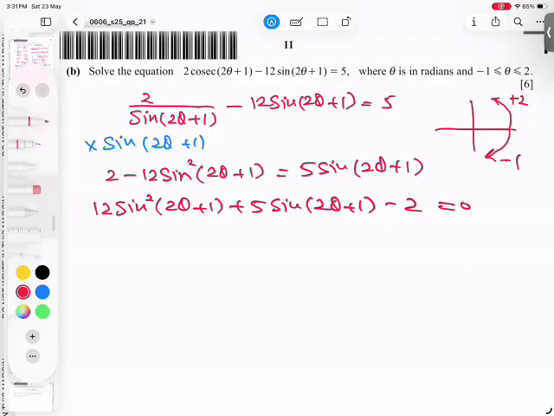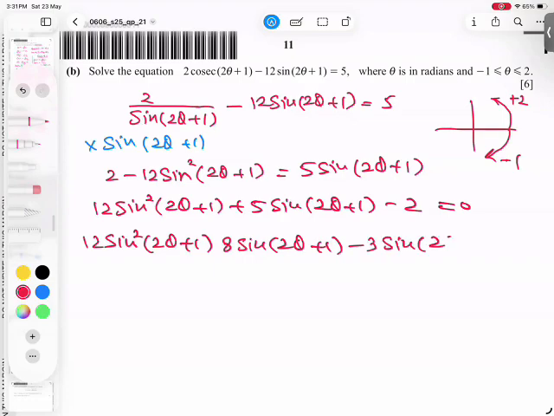Now we will factorize. 12, 2 sixes are 12... 8 3s are 24, this is 3 negative. So from here, what is common? You can see 4 and sine double theta plus 1.